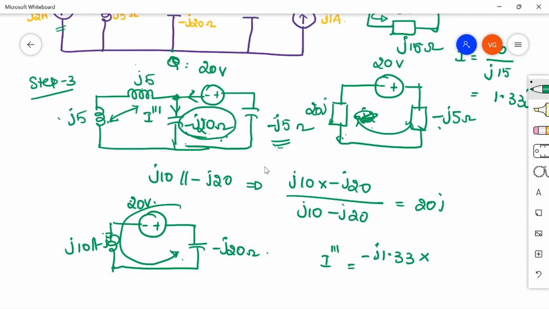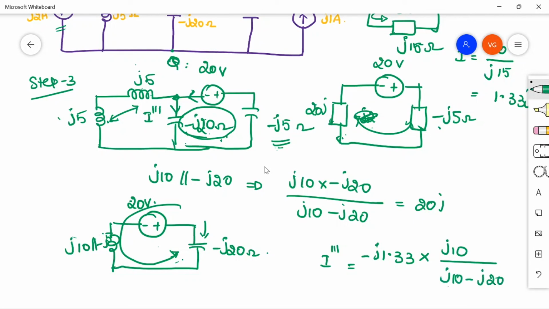So let us take it as minus for that reason. As we need the current in the downward direction, and the current here because of the source is flowing in the opposite way, you take it minus. So J10 divided by J10 minus J20.